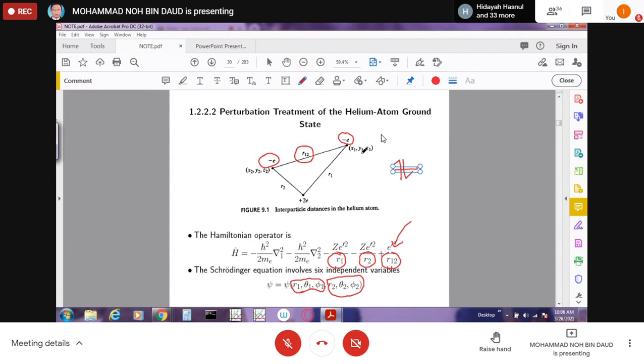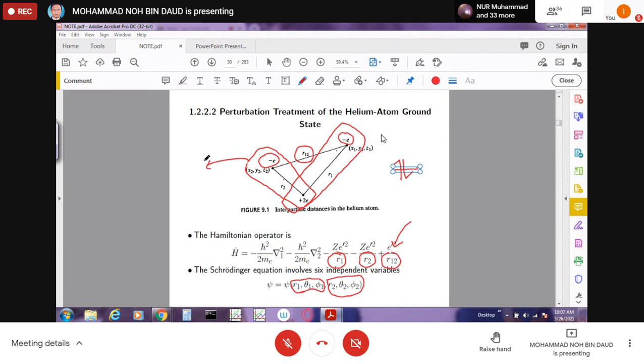Now we want to treat these two systems independently, separately: the first hydrogen-like atom and the second hydrogen-like atom. So this is the step involved. We want to solve this helium ground state energy by separating this into two hydrogen-like systems.